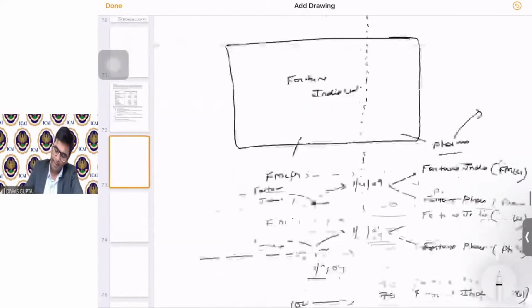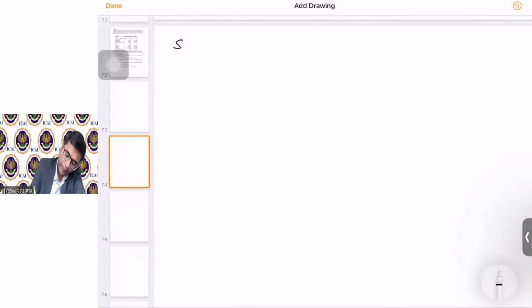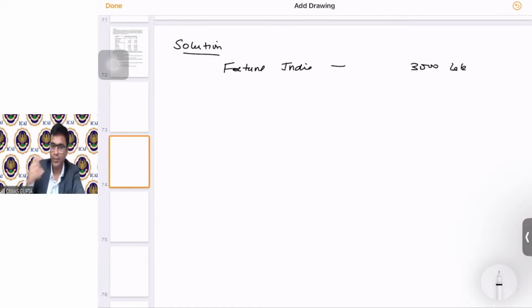Now let's start, students. So first of all, Fortune India. Students, if you see, Fortune India has a share base of 3000 lakhs, right? Now, the number of shares that will be issued from Fortune Pharma to the old shareholders will actually depend on something called EPS, or let's say the profitability that we are going to earn.